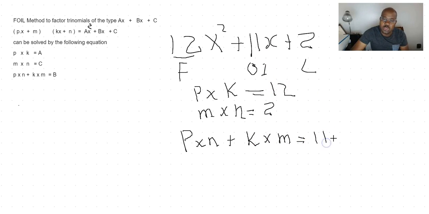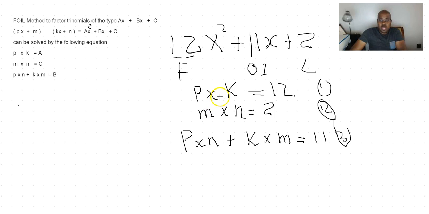So basically we've got three equations. How many unknowns? I've got p, k, m, n. So we've got 4 unknowns and 3 equations, and if you've got 3 equations and 4 unknowns, you cannot solve it directly. That's why we're just going to guess. So basically, to solve this, we just guess for the first one.